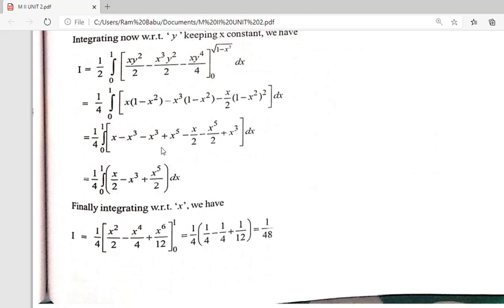Okay, after simplification of this function we get a 3 term function, that is x by 2 minus x cube plus x power of 5 by 2. Now since the limits are x equals 0 to x equal to 1, we have to integrate this function with respect to x.